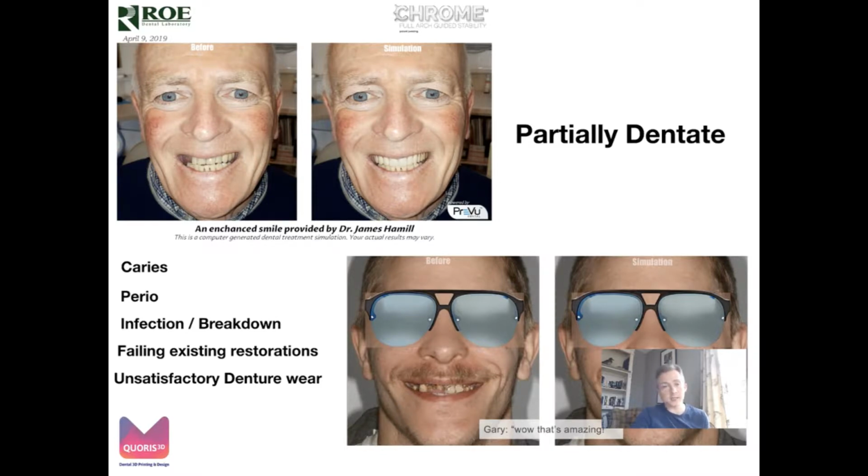There are two main groups of patient that we are using full arch immediate load treatments for. The first, and arguably the biggest group, is those partially dentate patients. These patients often present with a broken down arch or arches due to caries, periodontal disease, a mixture of both, infection, breakdown, maybe a whole host of failing restorations, or indeed perhaps a partial denture with a few remaining straggling teeth. And the decision is being made as to what is the long-term treatment option for this patient.